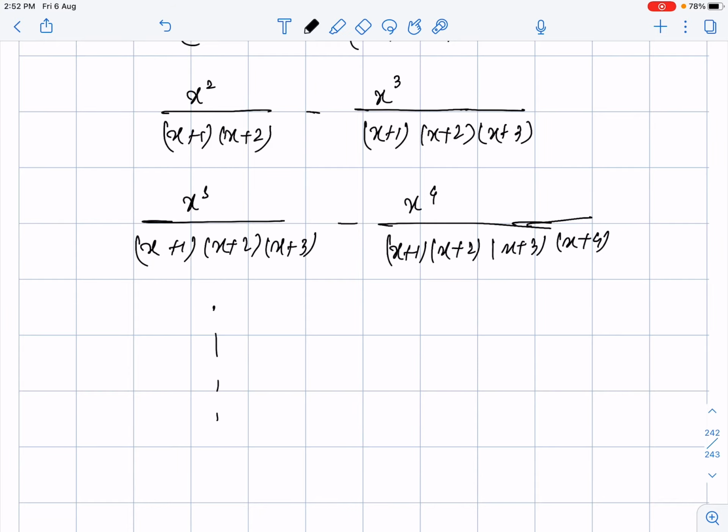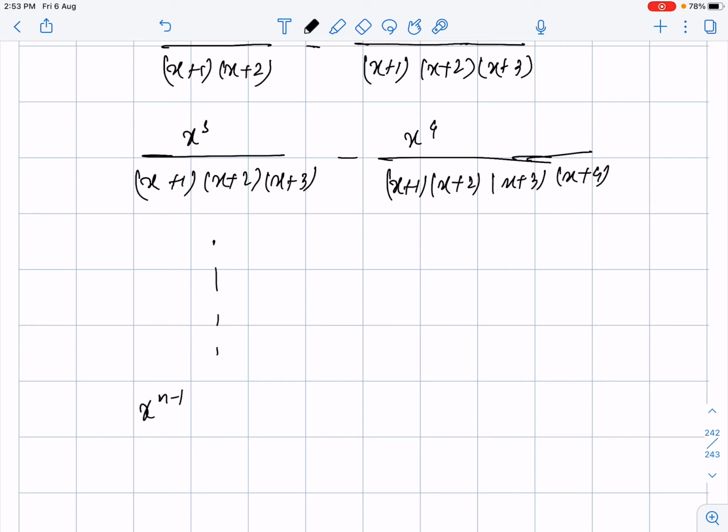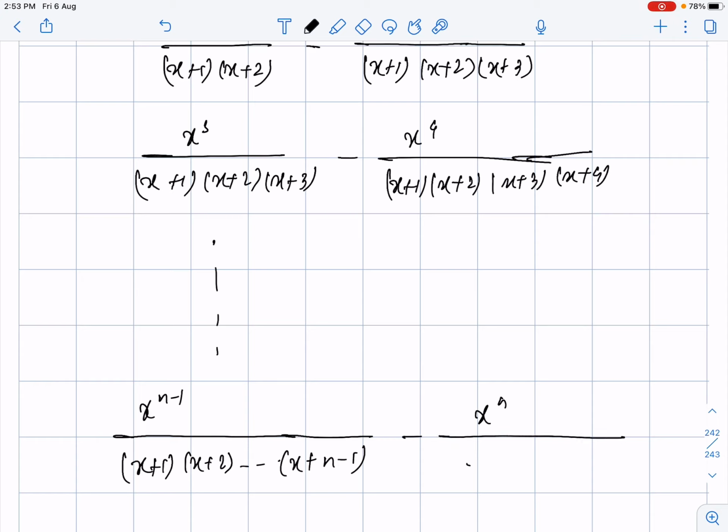So the nth term becomes x to the power n minus 1, whole divided by x plus 1 multiplied by x plus 2 goes on up to x plus n minus 1, minus x to the power n divided by x plus 1 multiplied by x plus 2 multiplied by x plus 3 goes on up to x plus n.